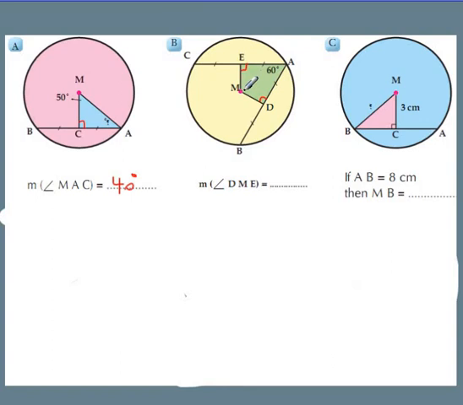Then to find the measure of angle DME, 360 minus (90 plus 90 plus 60) equals 120 degrees.